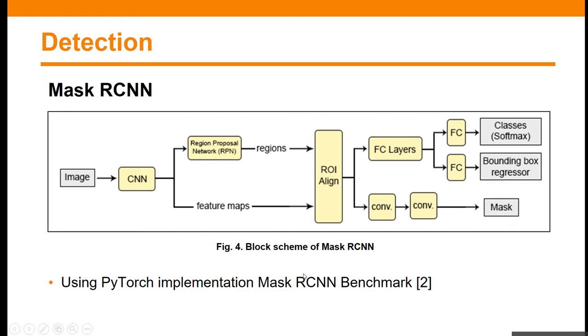For the implementation, I am using mask RCNN benchmark, which is a PyTorch implementation of the mask RCNN algorithm. Since PyTorch is a low level library, it is much faster as compared to other frameworks like Keras and TensorFlow, etc. So mask RCNN benchmark is a much faster technique.